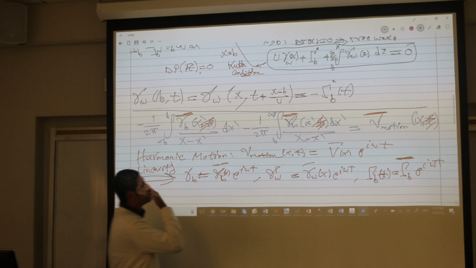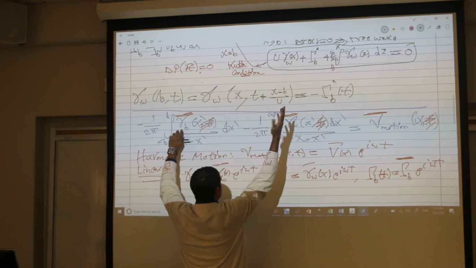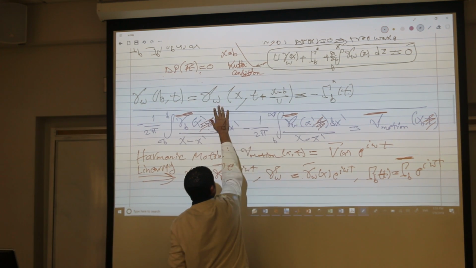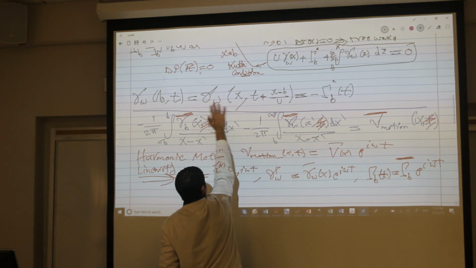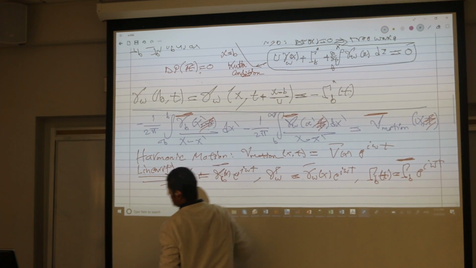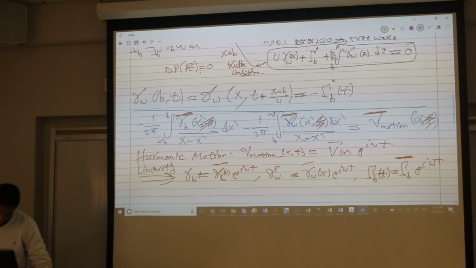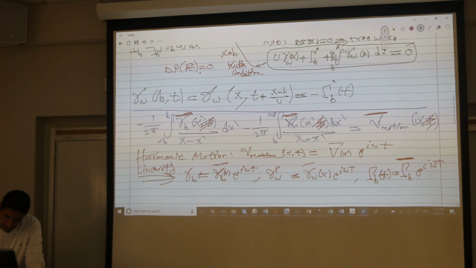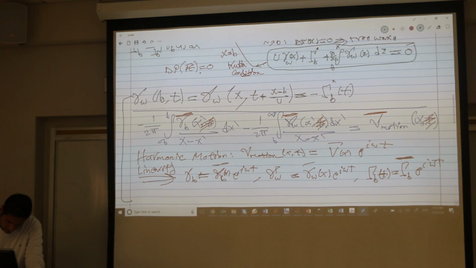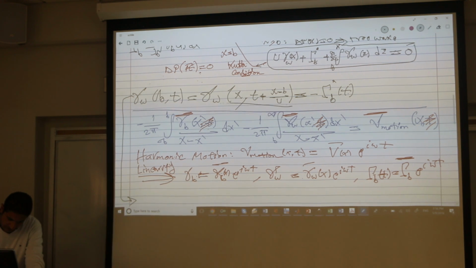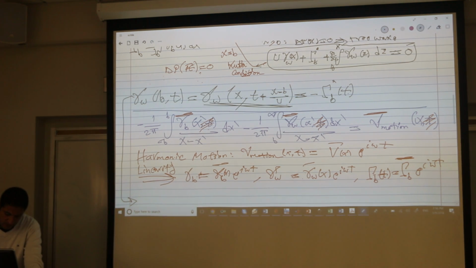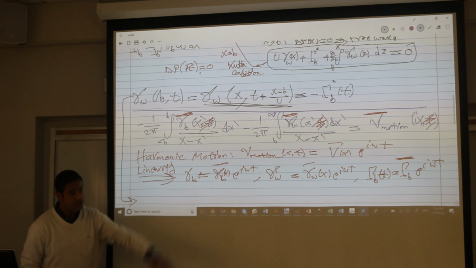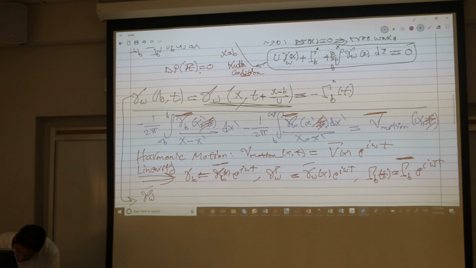Okay, so like I said, we need to relate gamma wake to gamma bound. You already did that, so I will try to get gamma wake bar from here to put it there. So this equation, here is the left hand side. If this is gamma wake of x, it is gamma wake at that x, e to the i omega times the whole time, which is t plus x minus b over u.